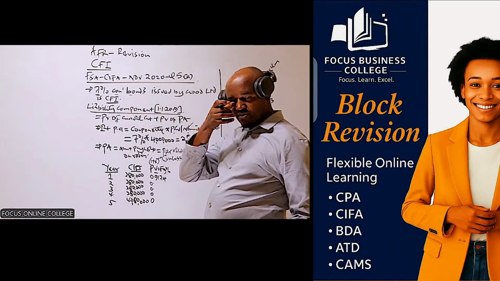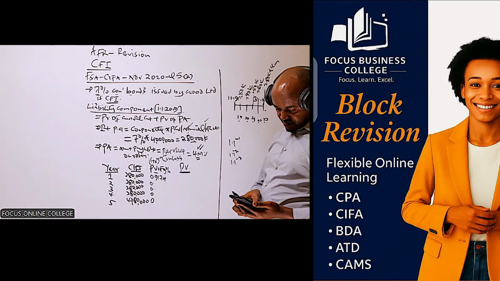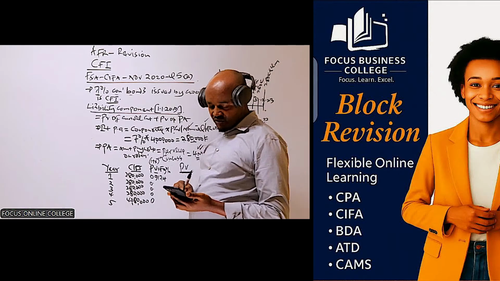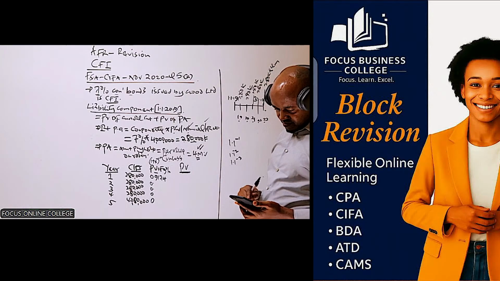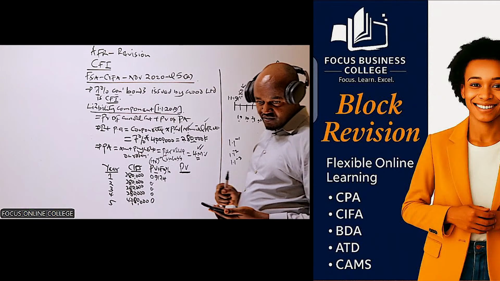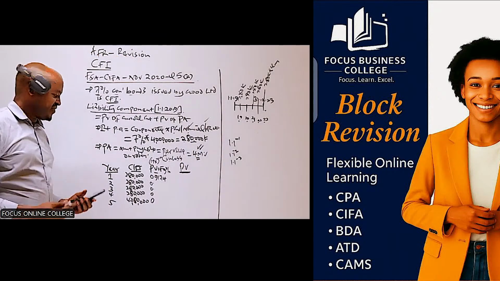Year 2, what do we get in year 2? Try to hurry up because of time. Alternatively, you can use the annuity factor.